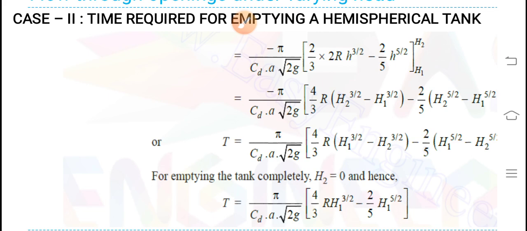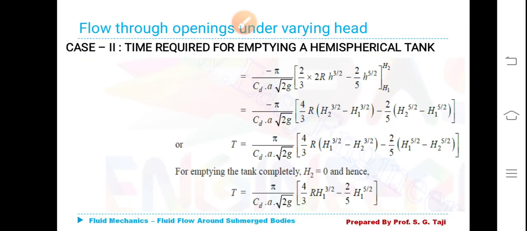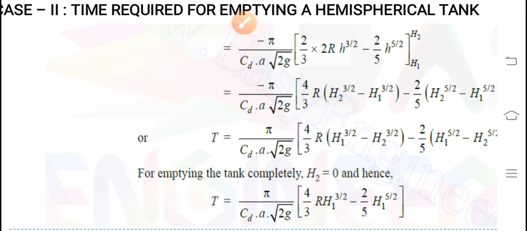But here in this equation it is not assumed that initially it is full, only that it is to be completely emptied. Therefore T is equal to pi divided by Cd A root 2g whole multiplied by (4 by 3 R H1 to the power of 3 by 2 minus 2 by 5 H1 to the power of 5 by 2).